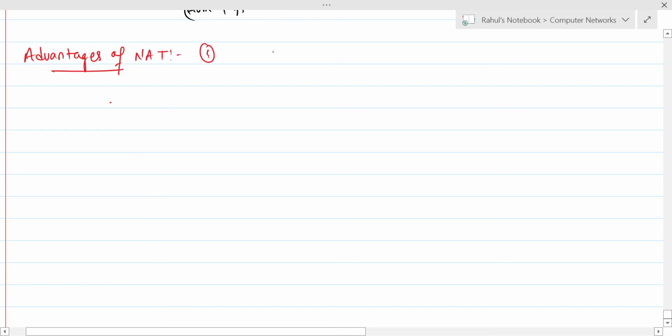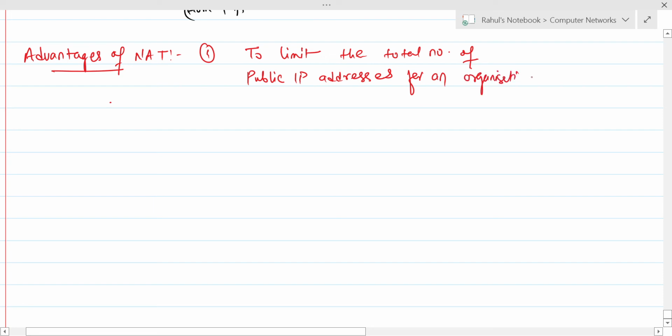So the first advantage is to limit the total number of public IP addresses for an organization; we can use NAT.